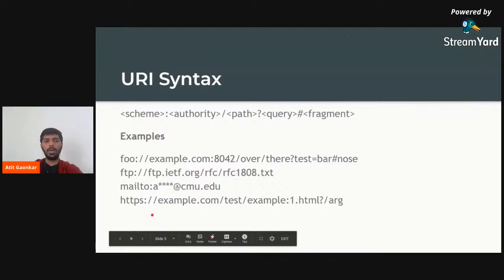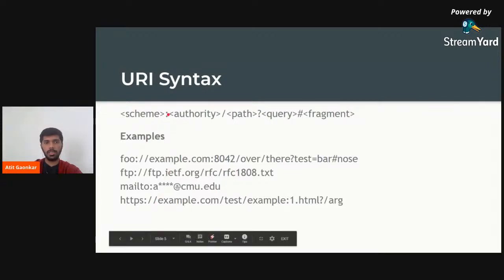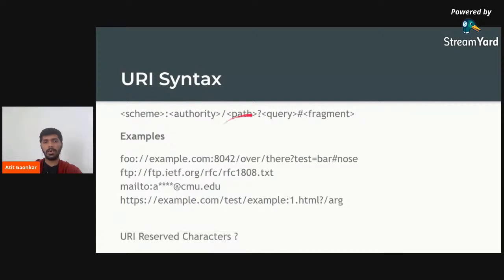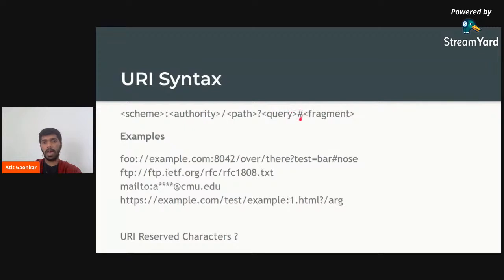But URI syntax has some limitations because URI has some reserved characters. As you can see, this colon is a reserved character. The slash is a reserved character. The question mark is a reserved character. The hash is a reserved character.